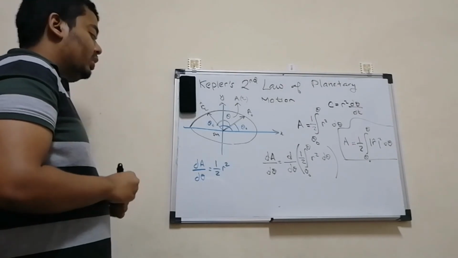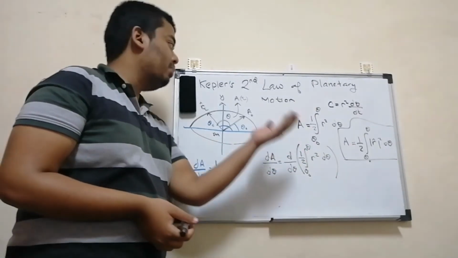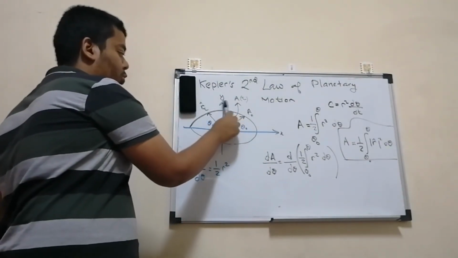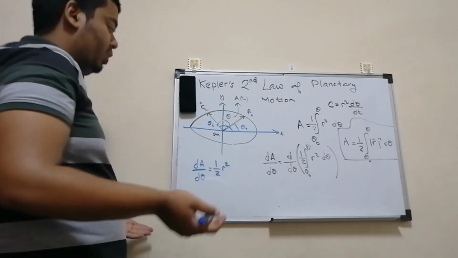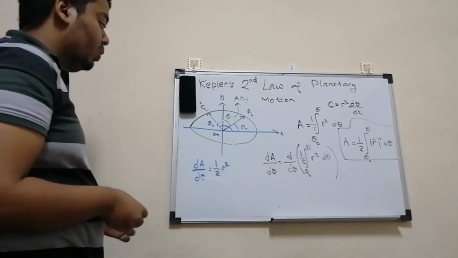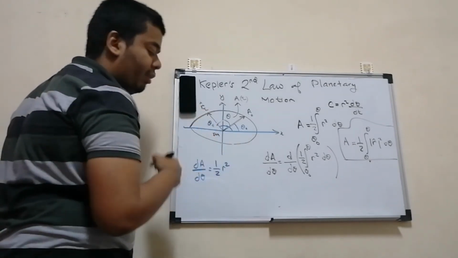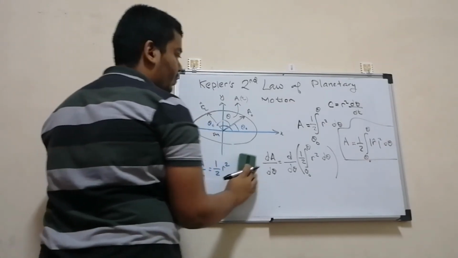Now, but this is a problem. The second law of motion says that the rate of area swept by the planet, that means when the planet is here and goes here, this rate of sweeping is actually constant. So, I mean, we don't know that. So what we will do is, I will multiply the left-hand side and the right-hand side. I'll remove everything from here.